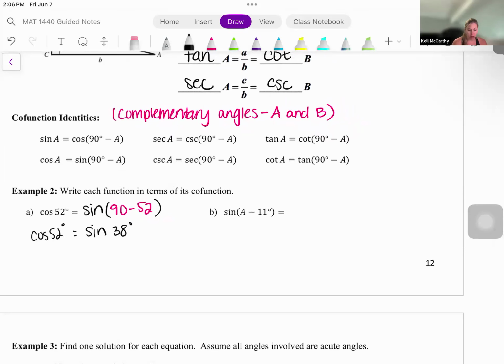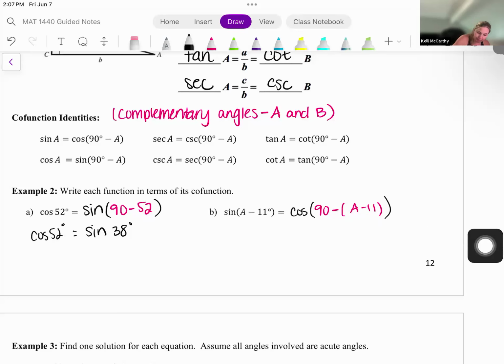Sine of angle A minus 11. The cofunction for sine is cosine. And these functions are equal when we're looking at complements. So we're looking at cosine of 90 minus (A minus 11). So this is their given angle. To find its complement, we're going to subtract it from 90.